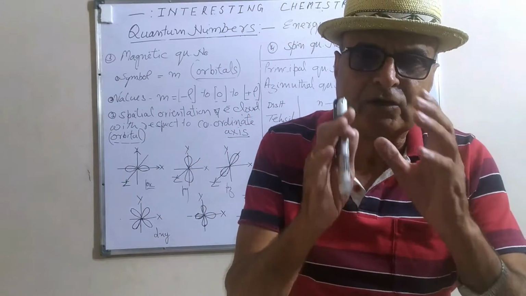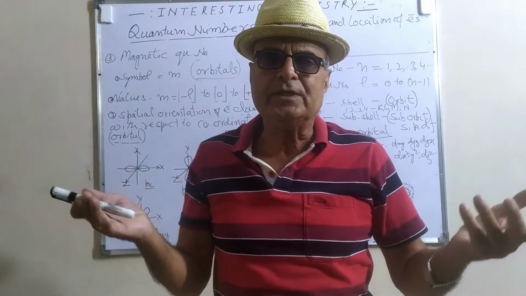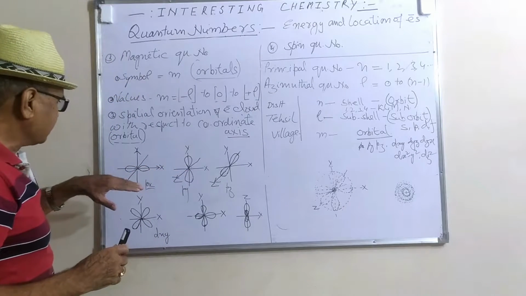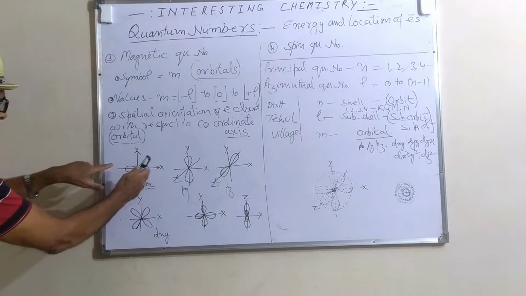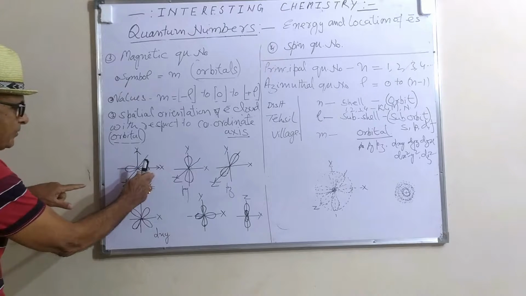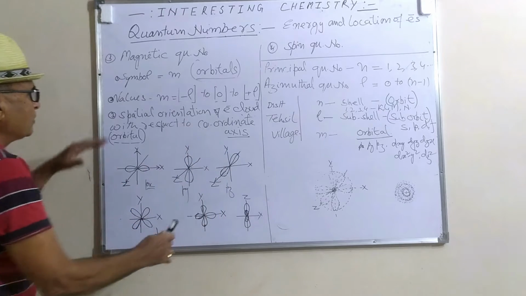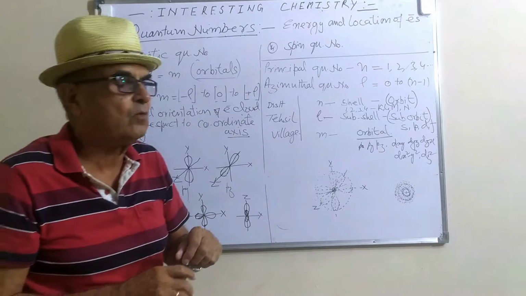When an electron cloud revolves around the nucleus along the x-axis, this also tells us the orientation of the electron cloud.